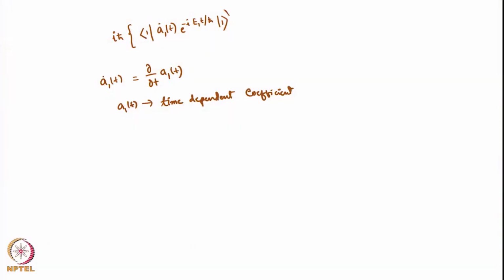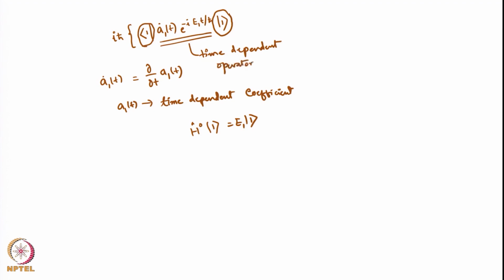But this wave function ψ1 is a solution of the time independent Schrodinger equation. So what was ψ1? H naught ψ1 is equal to E1 ψ1. So the operator in here is time dependent, and the wave function is time independent.